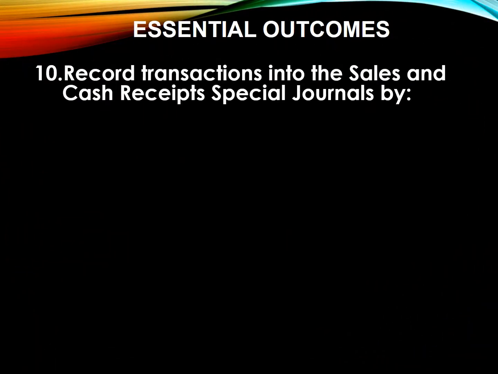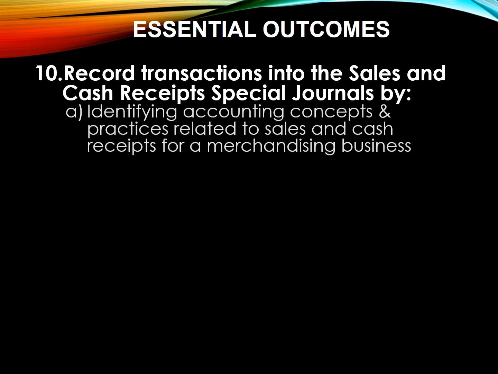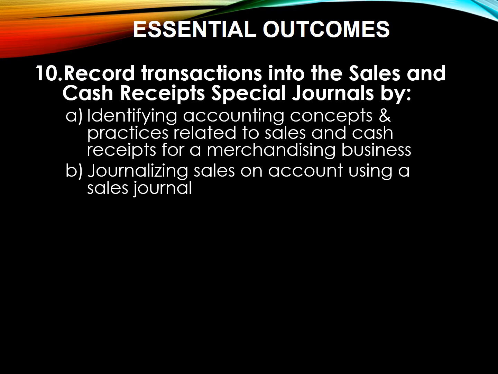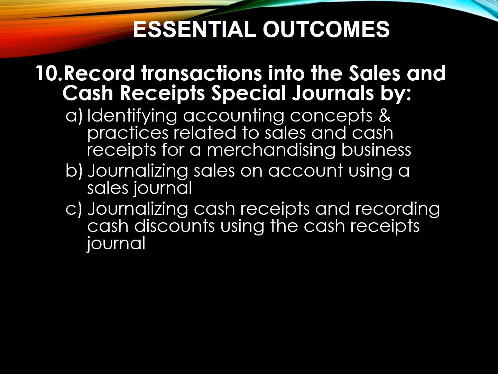Chapter 10, Essential Outcomes. You will be able to record transactions into the Sales and Cash Receipts Special Journals by: A. Identifying accounting concepts and practices related to sales and cash receipts for a merchandising business. B. Journalizing sales on account using a sales journal.